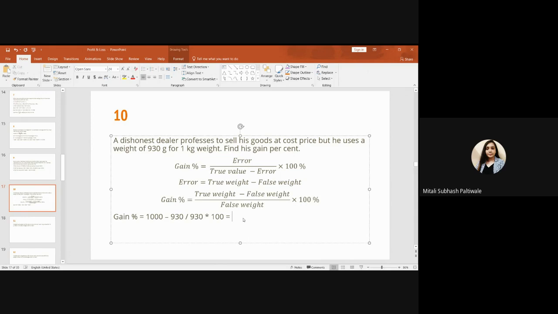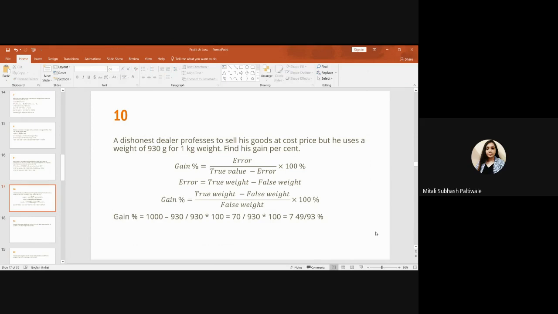Now this would become 70 by 930, which is equal to 700 by 93. Okay, so this is the answer, that is percentage. Now you can put any of the formulas over here, and you'll get the same answer.